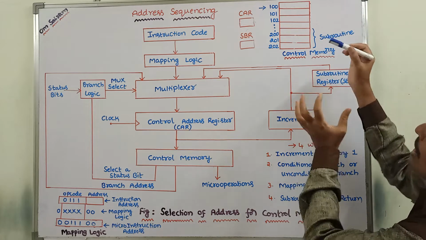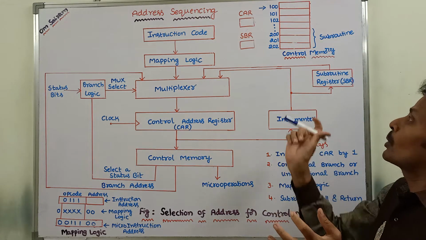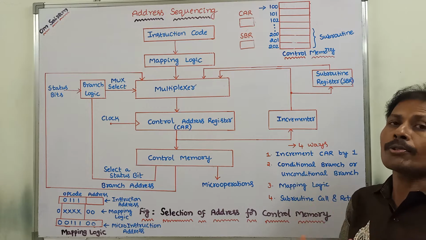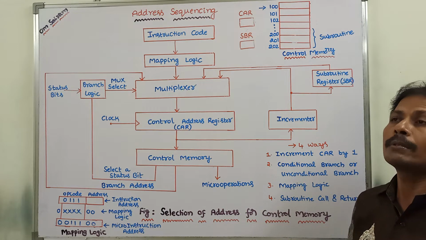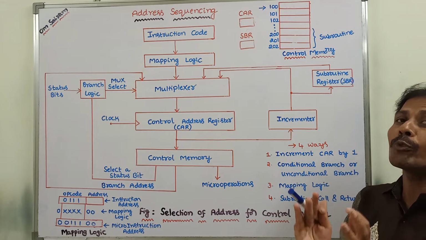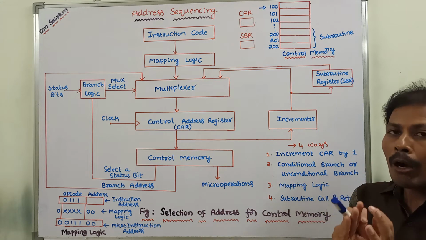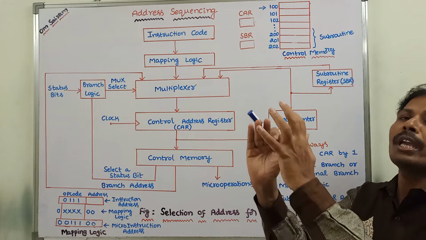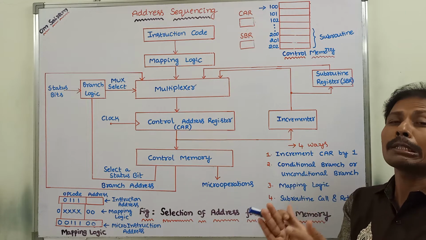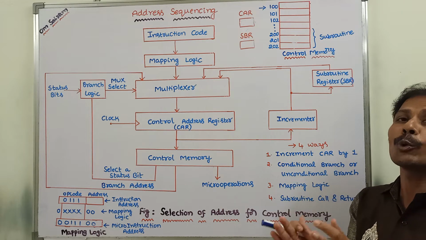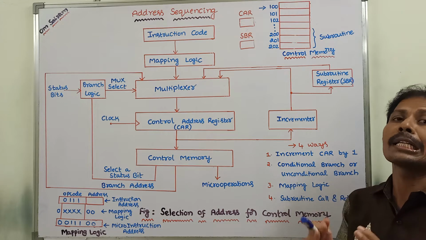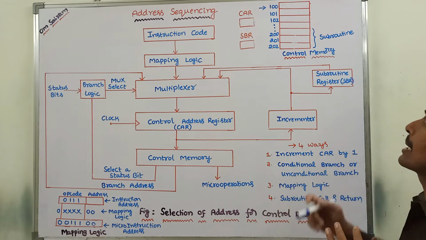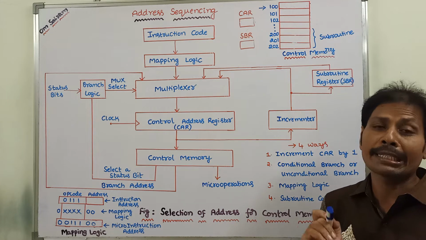In which order we have to read these micro instruction addresses from the control memory? That is in a sequential manner. The order in which we have to read the addresses of the micro instructions from the control memory in a sequential manner is nothing but address sequencing.